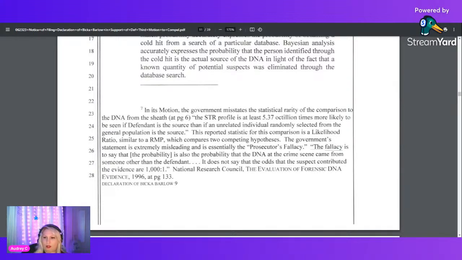There is also a probability that it was planted, right? Also, they make it seem like it's a pristine, brand new sheath, so brand new that they're like, oh, we gotta look on Amazon to see if somebody bought it. Excuse me.